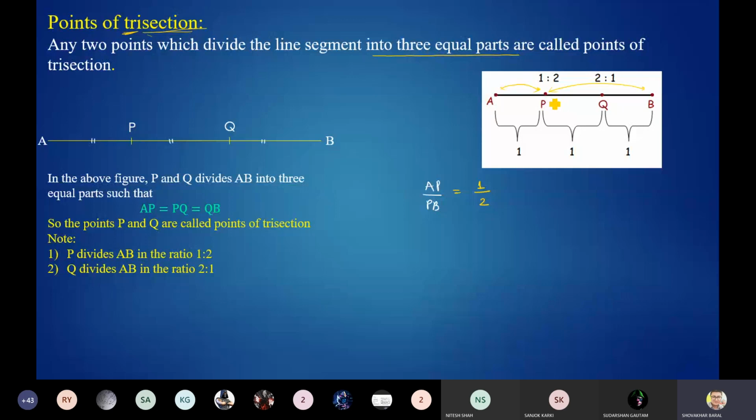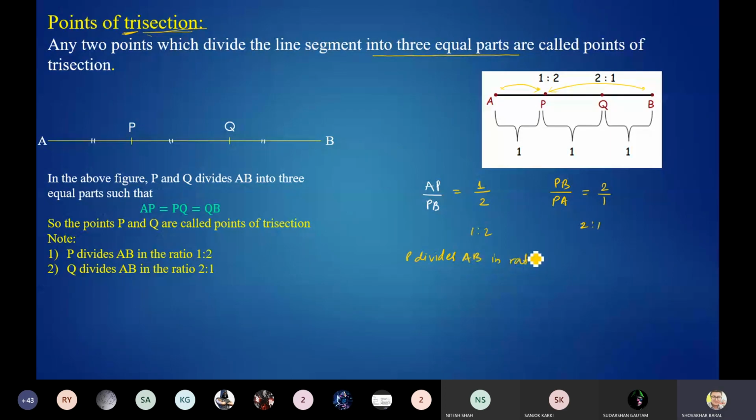And be careful here: if you are asked in such a way that P divides BA, in which ratio does P divide BA, then at that time look at PB upon PA first. At that time it will be 2:1. Be careful here.